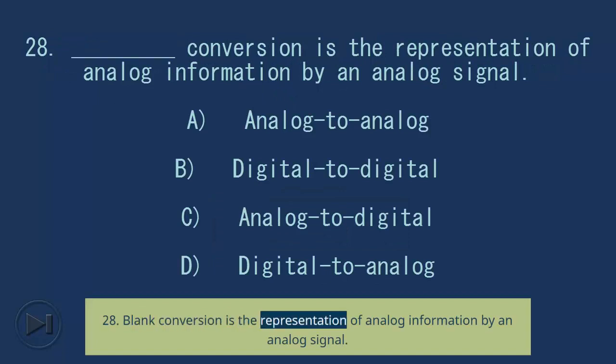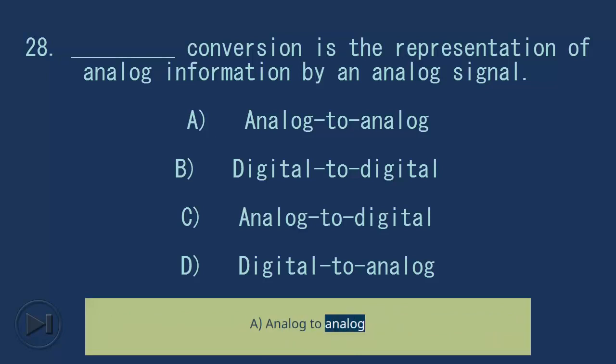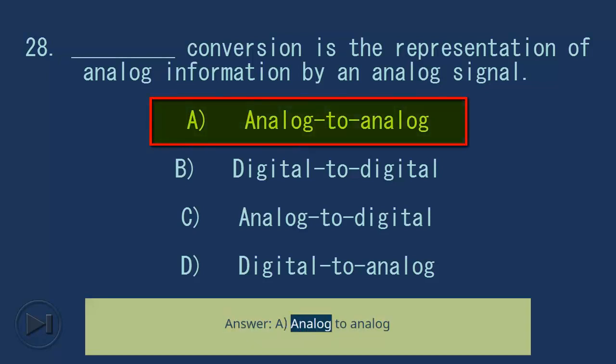Blank conversion is the representation of analog information by an analog signal. A. Analog to analog. B. Digital to digital. C. Analog to digital. D. Digital to analog. Answer, A. Analog to analog.